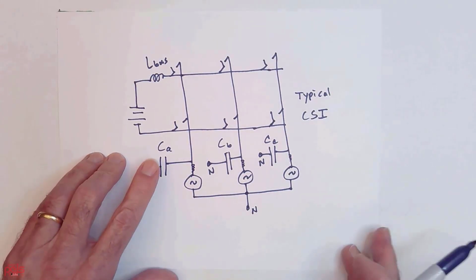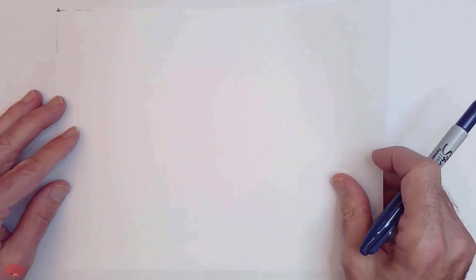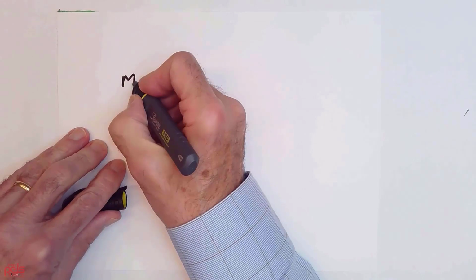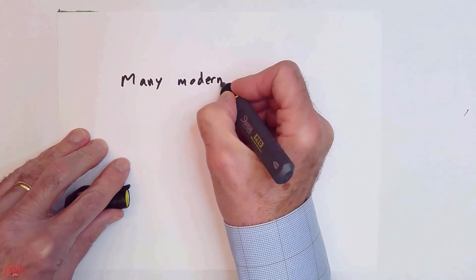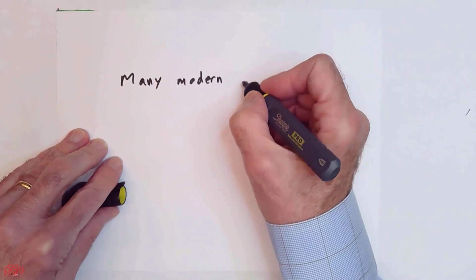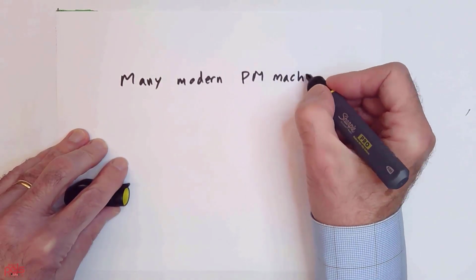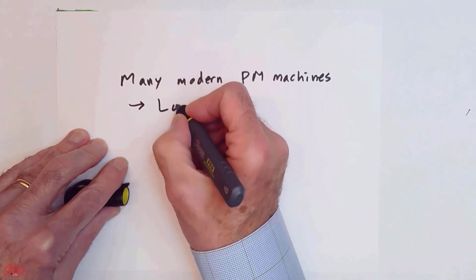One thing that has changed, I mentioned already about the wide bandgap devices, but another thing that has changed is that many modern permanent magnet machines have very low series inductance.